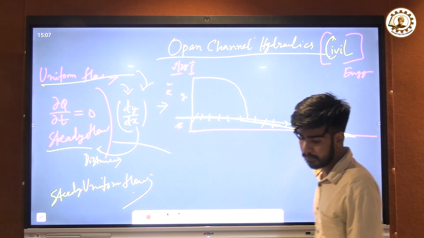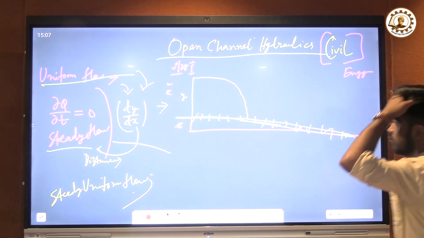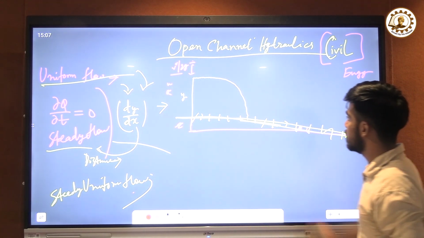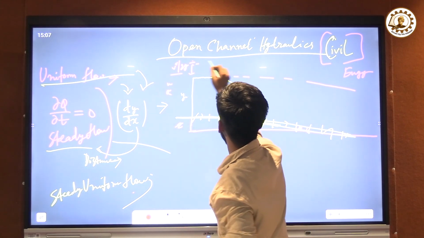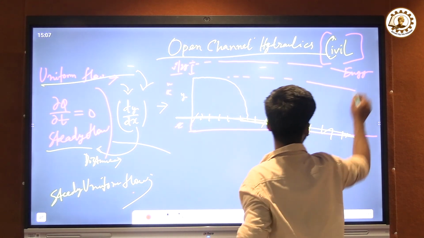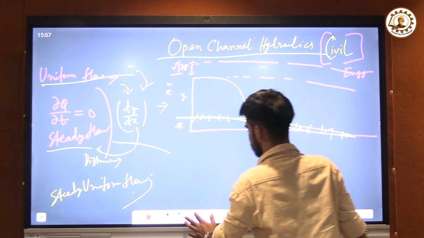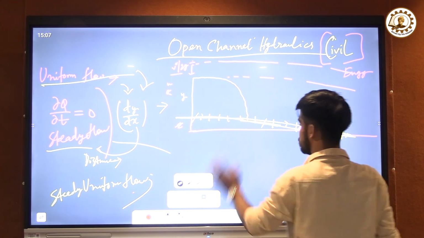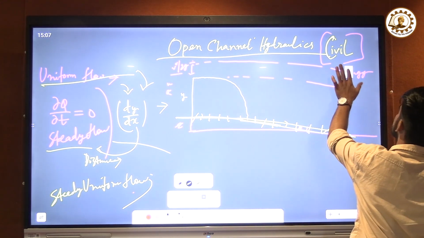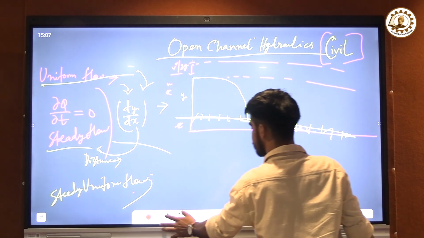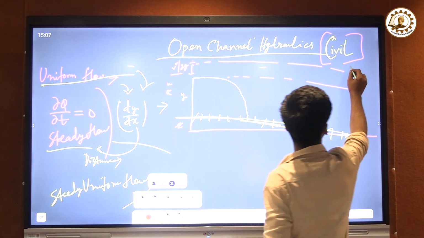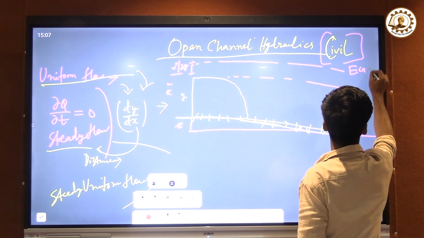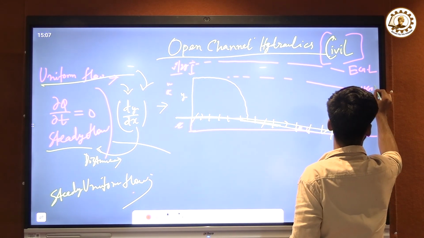In that case, first of all we need to understand that the hydraulic gradient line and the energy gradient line. As we have learned before, this is called EGL, meaning energy grade line, and this is called HGL.